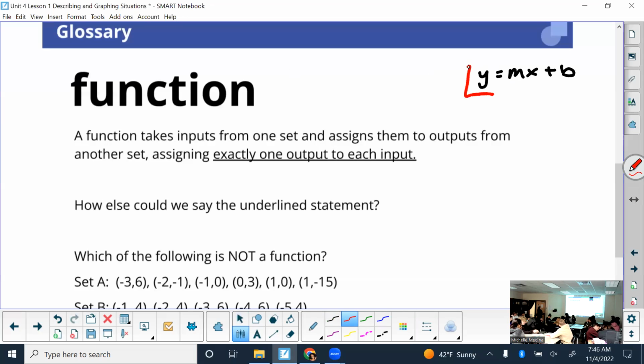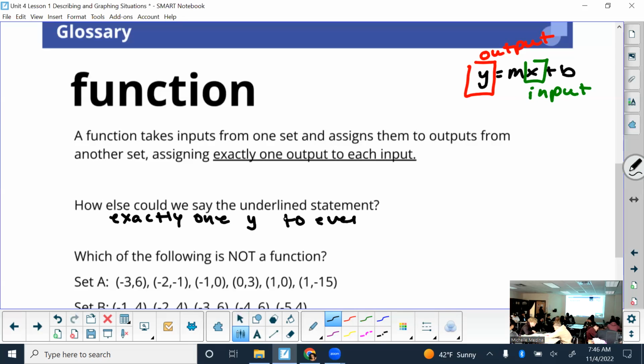So y, because it's usually our total of some sort, right? So then the y is usually our output, which means what is usually our input? The x. So in other words, you could say exactly one y to every x. All right, that's one way to say it.